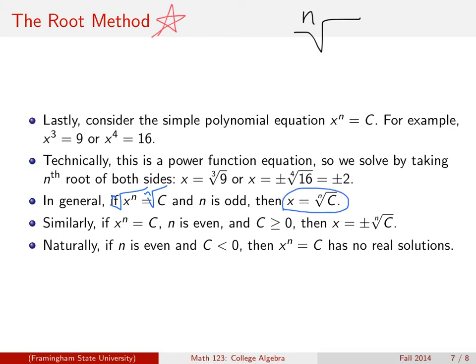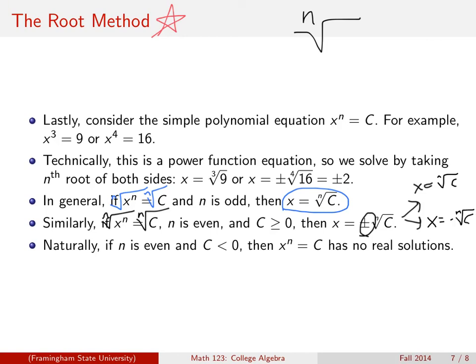But if n is even, so if the degree is even, when you take the nth root of both sides, you're going to incur this plus or minus, and we've already alluded to this. So you'll have two solutions in the end. You'll have x equals the nth root of c, and that's positive, and then you'll have x equals the negative nth root of c.